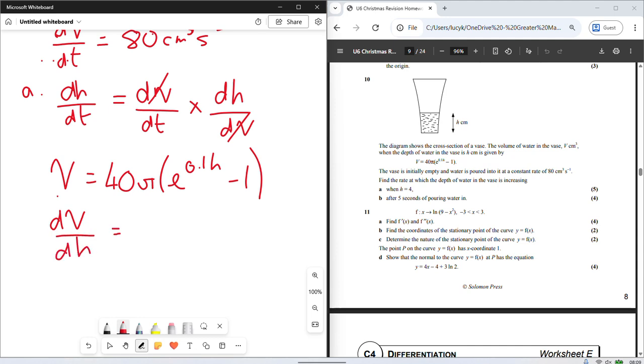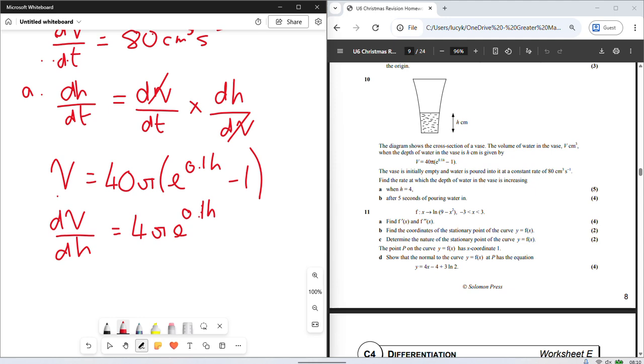The constant is just going to stay as it is. The 0.1 is going to come down when we differentiate e to the 0.1h, so 40 times 0.1 gives 4 pi, the same as dividing by 10. So that'll be 4 pi e to the 0.1h, and the 1 disappears.